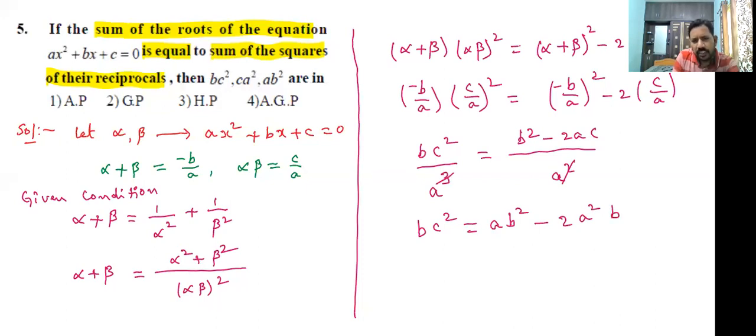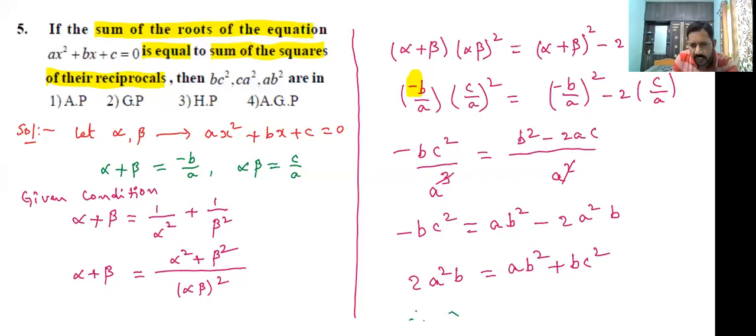And see the left hand side, here negative is there. So here will come negative. Now 2a square b, that is equal to ab square plus bc square. Now this is in the form of 2b is equal to a plus c, like that.